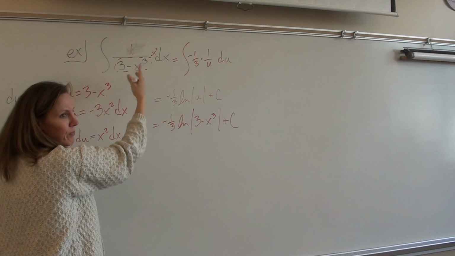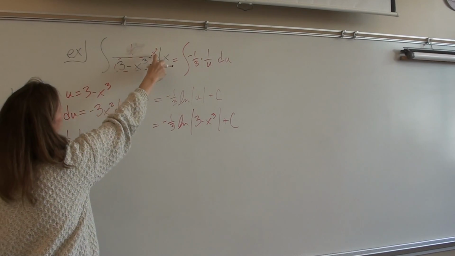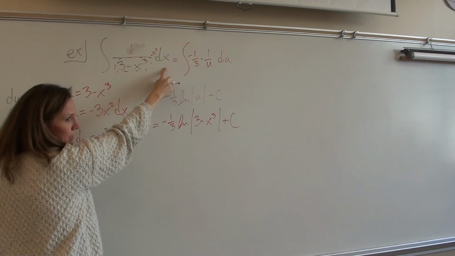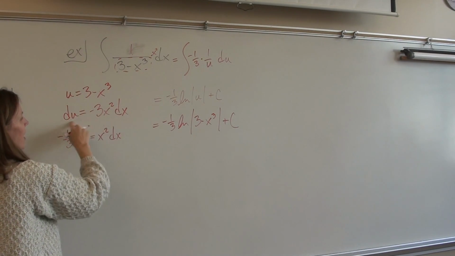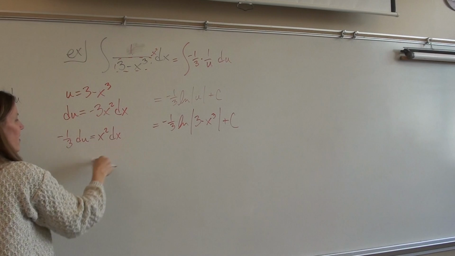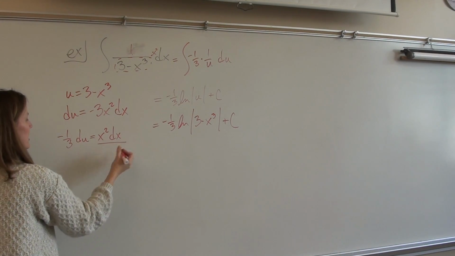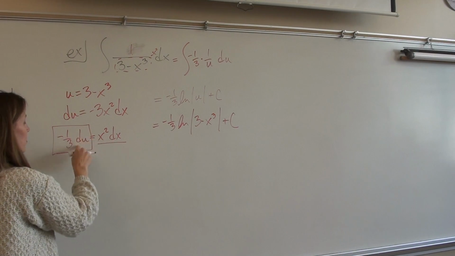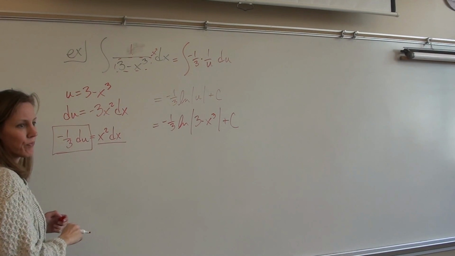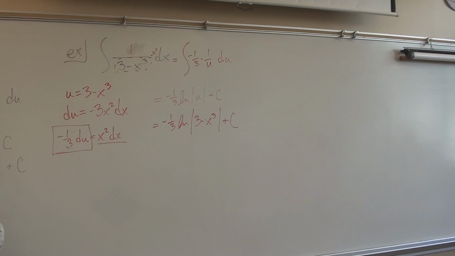So 1 over u, and what's left is x squared dx. When we solved for du, we got negative 3x squared dx, so I divided that out. x squared dx is equal to negative 1/3 du. So you just replace it with a negative 1/3 du. Yep. Good. Any other questions?